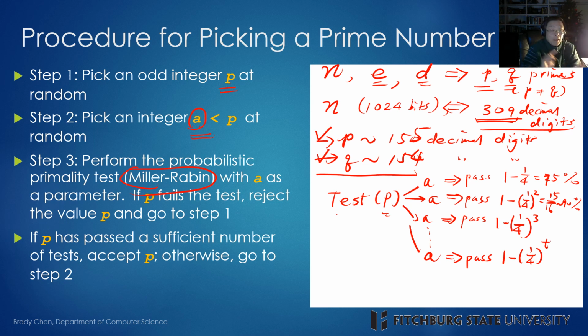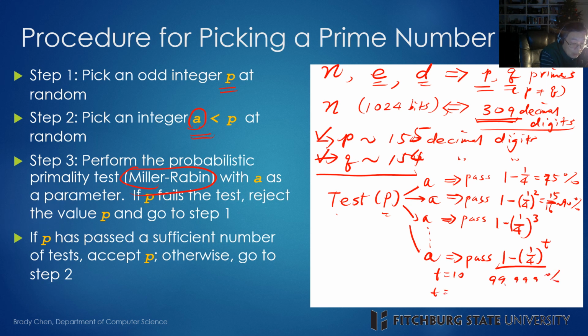If we pick t big enough and they all pass the test, then the chance that p is a prime number is 1 minus 1/4 to the t. If t is 10, then the chance that this is a prime number is 99.999%, right?